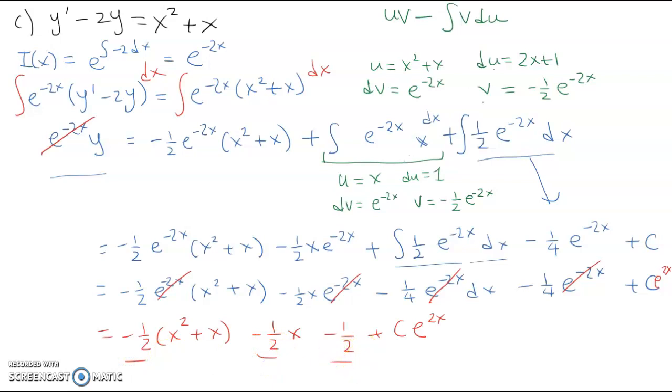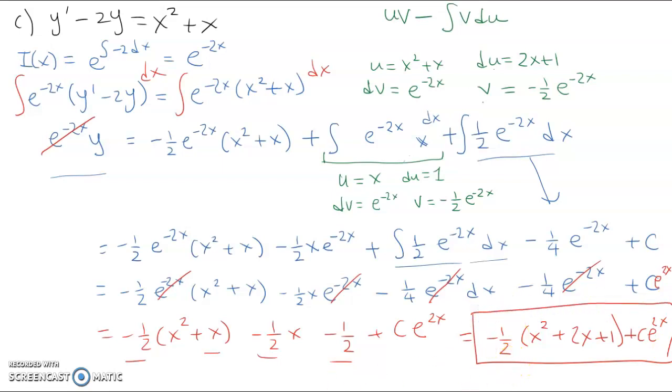We can bring them all together because they share the same coefficient, so we can make it look nicer by putting everything into parentheses and say this is going to go in just an x. So we already have an x in here, so it's going to be 2x plus 1 and our constant. So this is it. This is our answer of our differential equation where c is any constant.